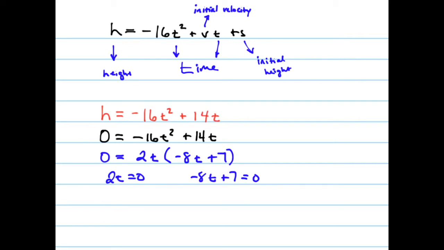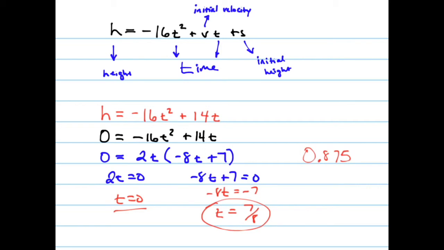Solving those gives me t equals 0 and t equals 7/8. Now t equals 0, that's the starting time. That's when the armadillo jumped. t equals 7/8, that's how long it takes for the armadillo to land. So it takes 0.875 seconds. That's just 7 divided by 8.